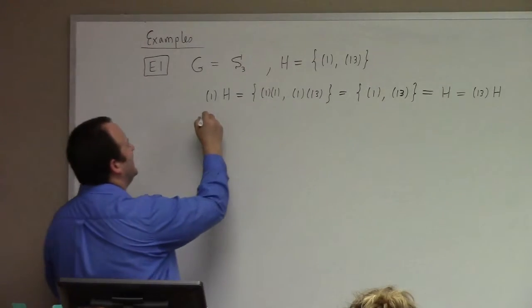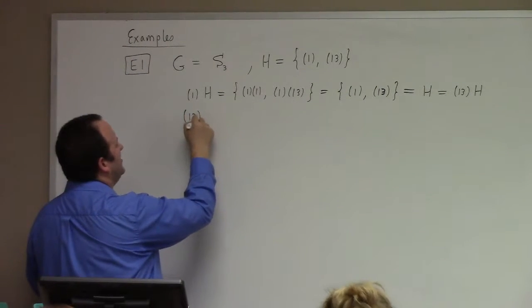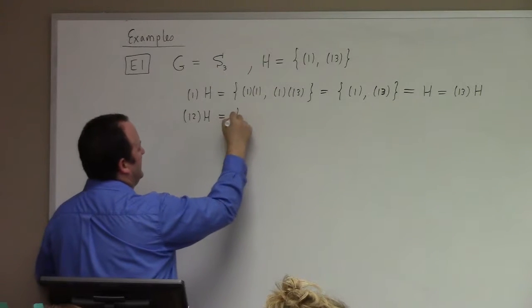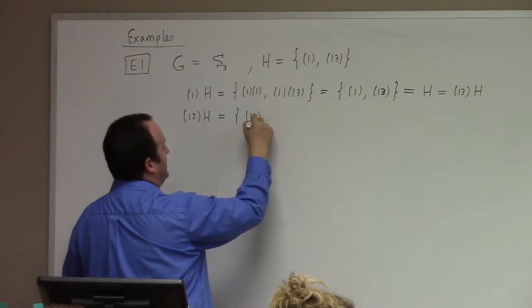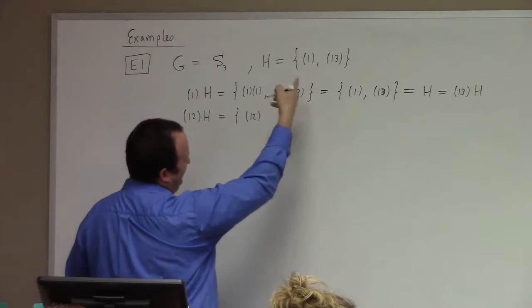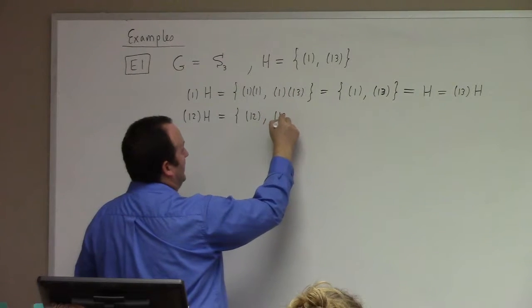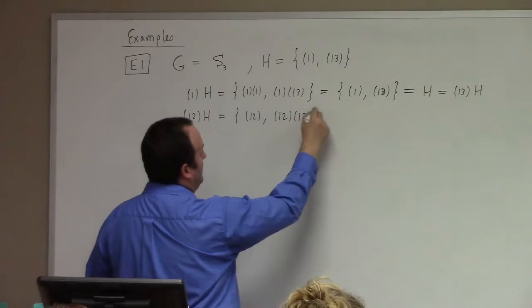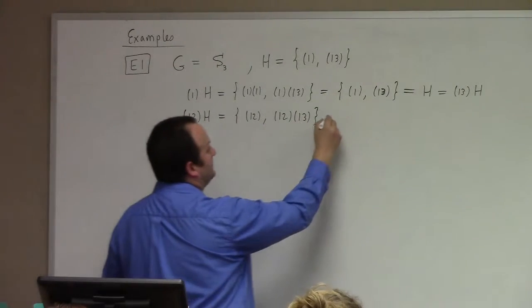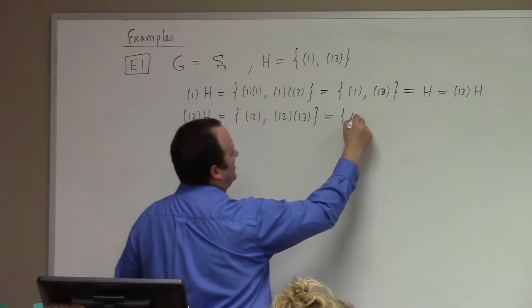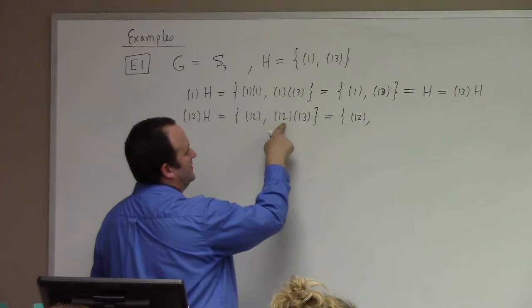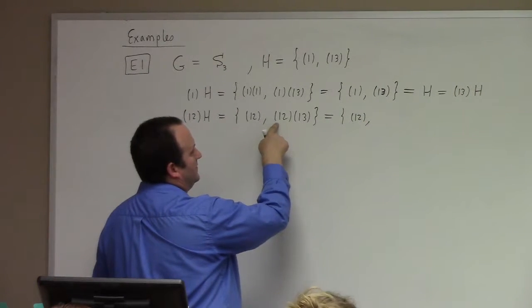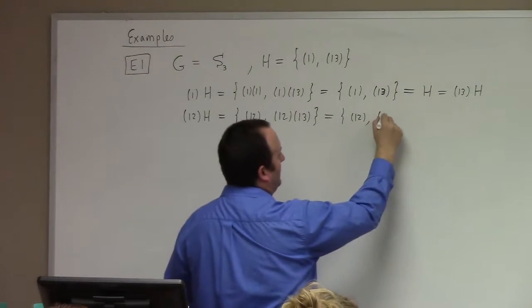Now if I look at, say, (1 2) on H, well, that's going to be (1 2) acting on 1 just gives you (1 2) again, right? And then (1 2)(1 3), which is what? This is actually (1 3 2), right?